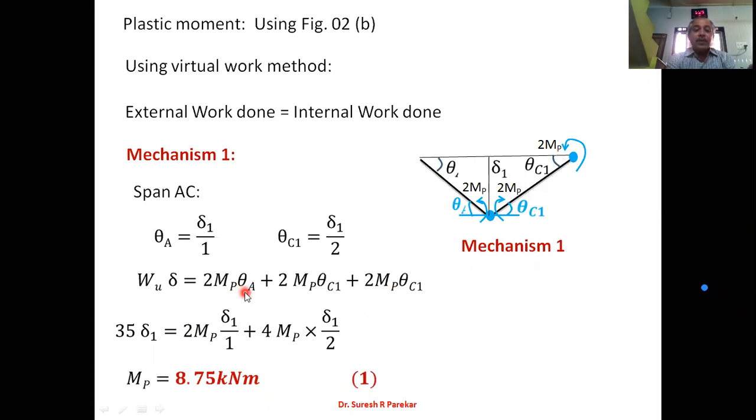Now we have substituted theta A as delta 1 by 1, and here 2 plus 2, 4 MP theta C1, and theta C1 is delta 1 by 2, and from this we got value of MP as 8.75 kilonewton meter. So for mechanism 1, that is for span AC, my value of MP is 8.75 kilonewton meter.